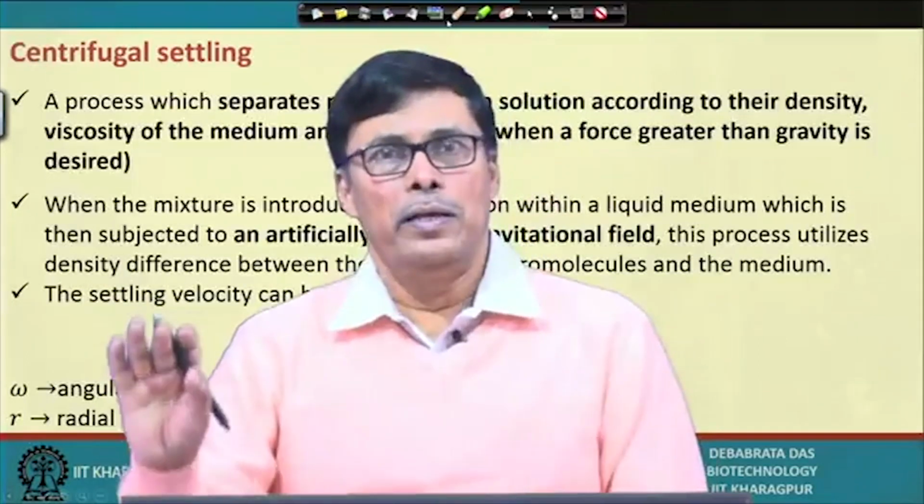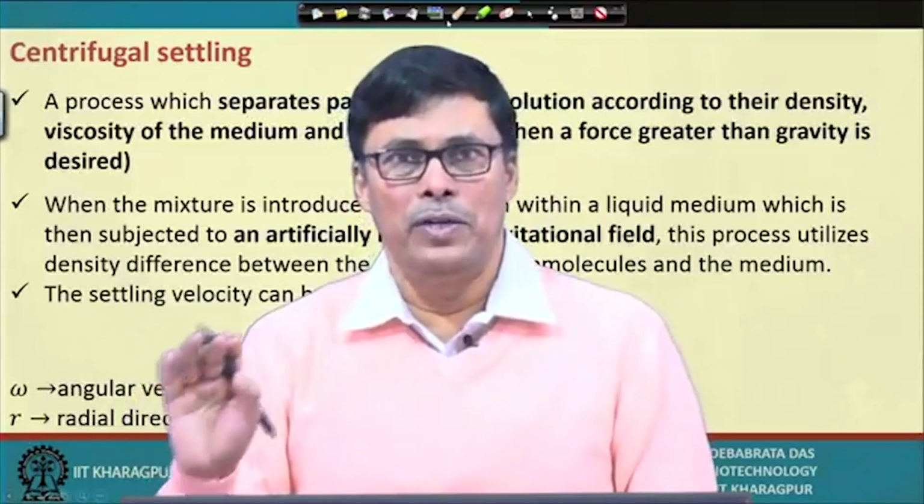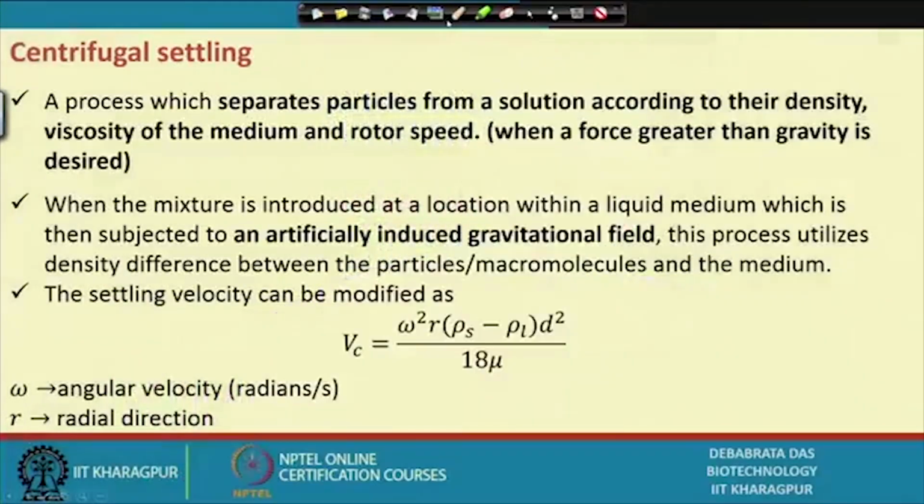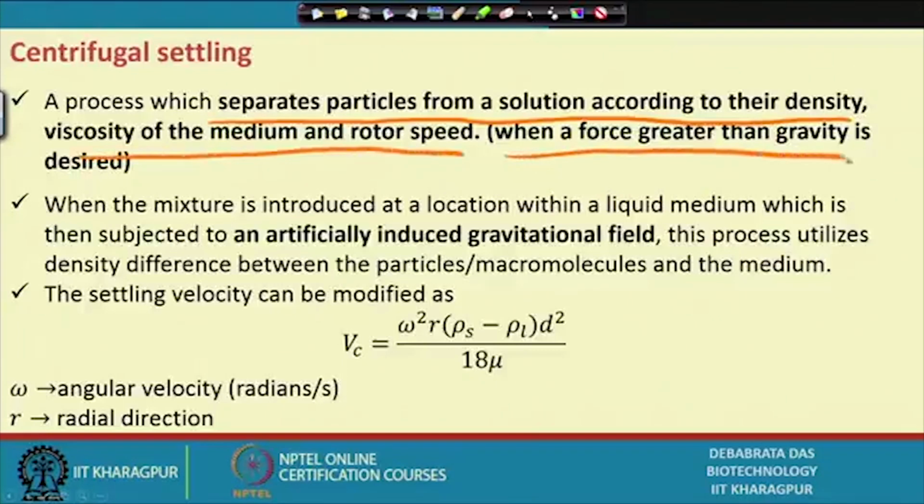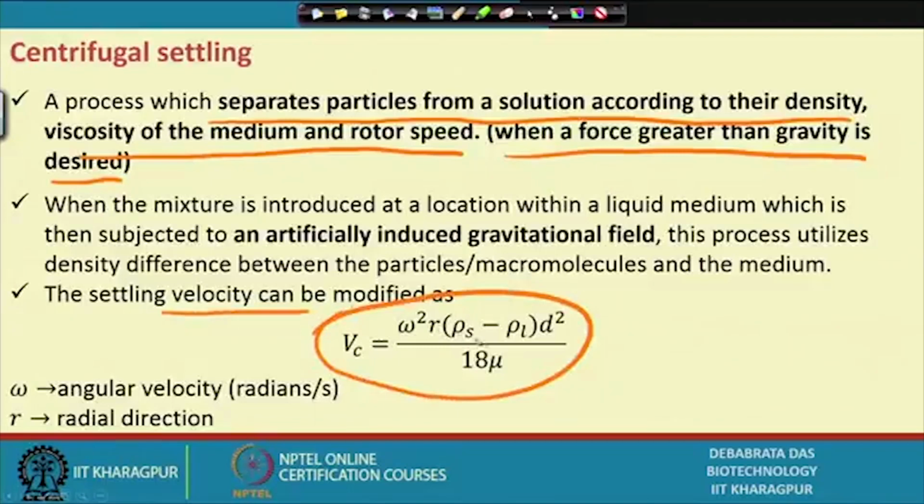So your solid particle is separated with the help of centrifugal force. Now the process is the separation of the particles according to the density and viscosity of the media and the rotor speed, and a force greater than gravity is desired. Now settling velocity is defined as dc equal to omega square r rho s.